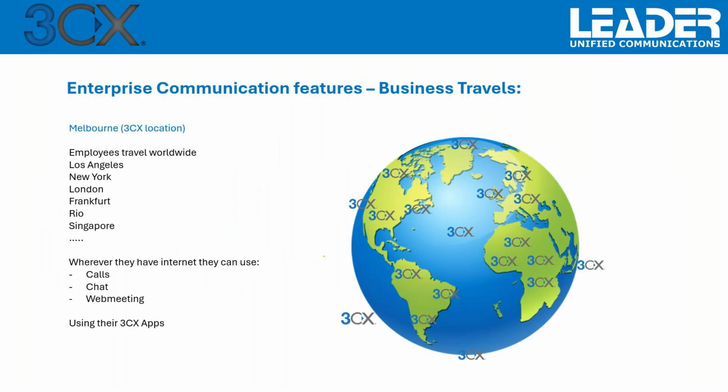This then can lead, for example, to that situation. We have the 3CX sitting here in Melbourne, and we have people traveling all over the world, and they all connect back to here, either using the mobile client, or they use the soft client on their notebook, or they use the web client on their notebook, or they go here into we have a branch here or what else ever, and they have a computer here.